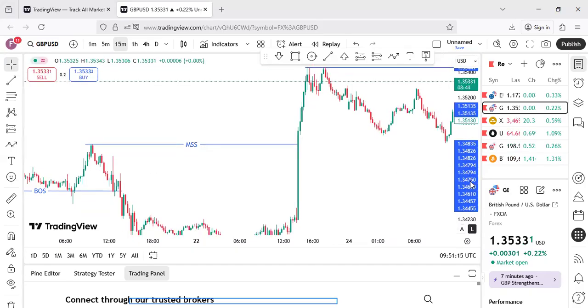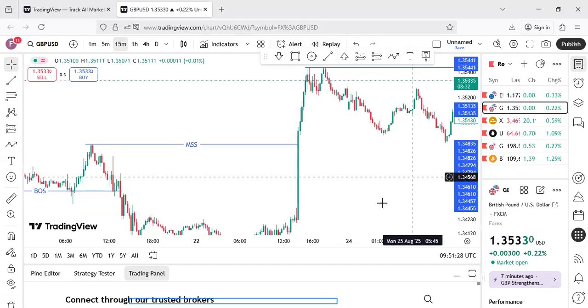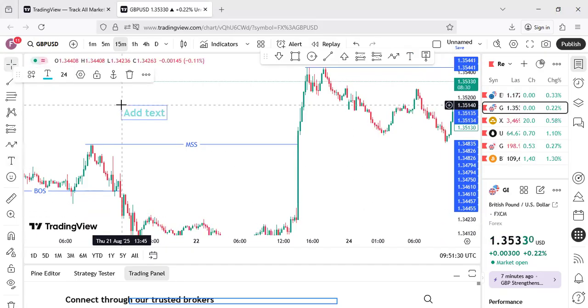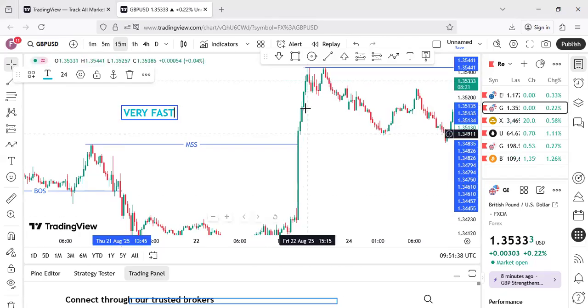Another definition says, I want you to grab it very well. That's why I'm using two definitions. A liquidity void occurs when price moves very fast in one direction, leaving little or no trading in between.